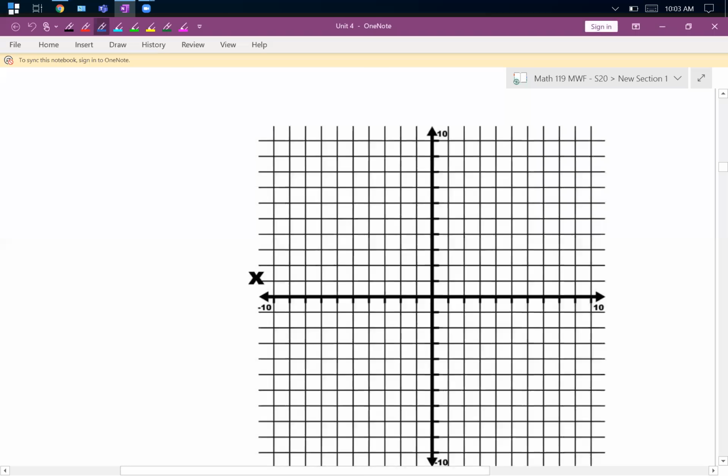Okay, so plotting our center, which was (-1, 2). And now we want to construct our rectangle. We're going to take the square root of 36, that's 6. So from my center, I'm going 6 in either y direction. And then the square root of 49 is 7. So from my center, I'm going 7 in each x direction.